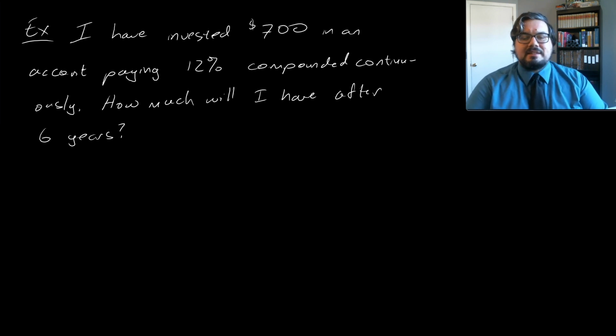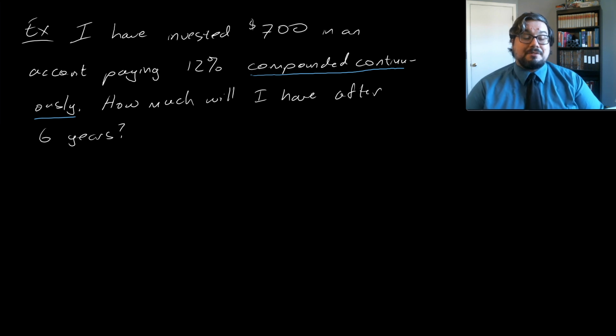So the key that tells you that you're using the continuous compounding formula rather than the compound interest formula is this word continuously. Whenever you're dealing with a problem that involves interest, you need to have some sort of information about how often it's compounded.